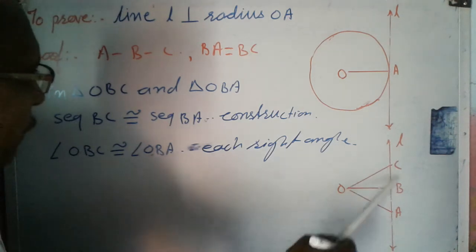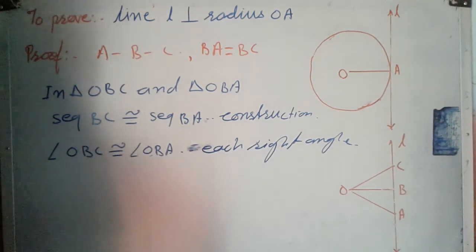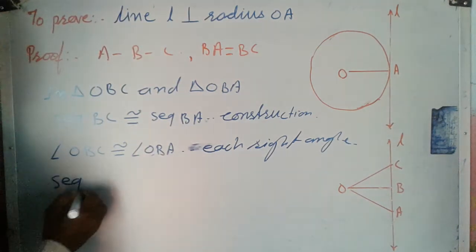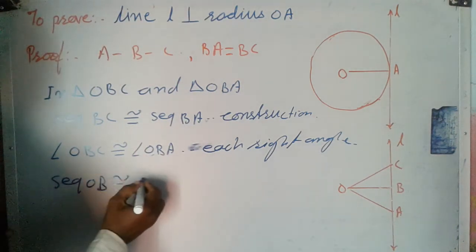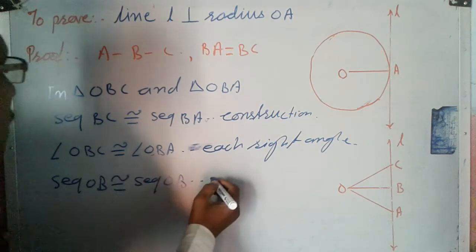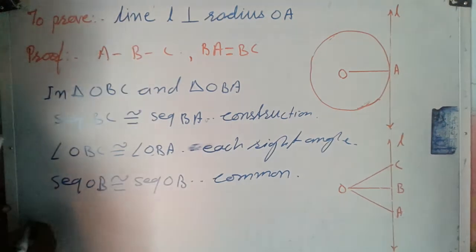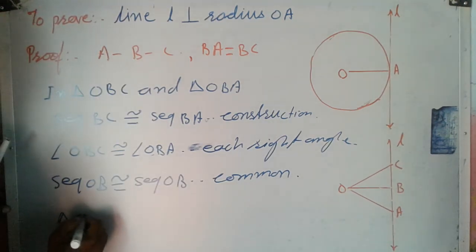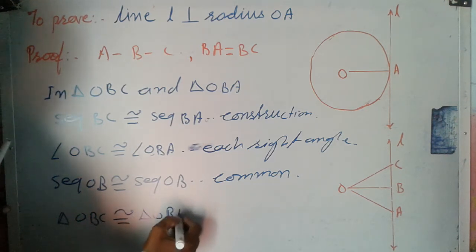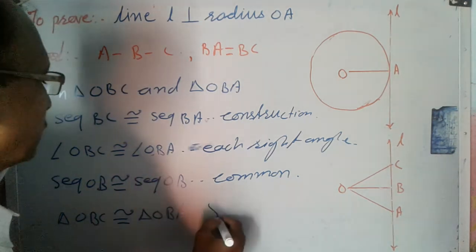So angles OBC and OBA are right angles, therefore they are congruent. And OB is congruent to OB, the reason is common segment. Therefore, triangle OBC is congruent to triangle OBA by the side-angle-side test.